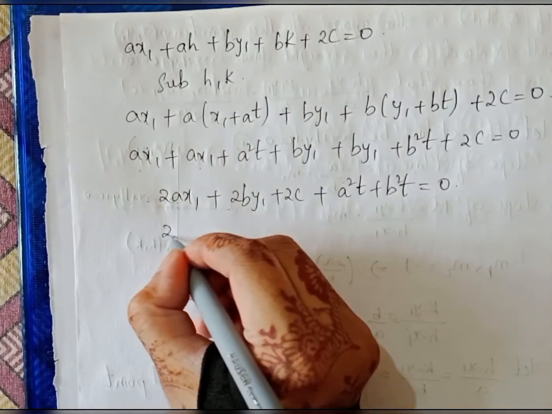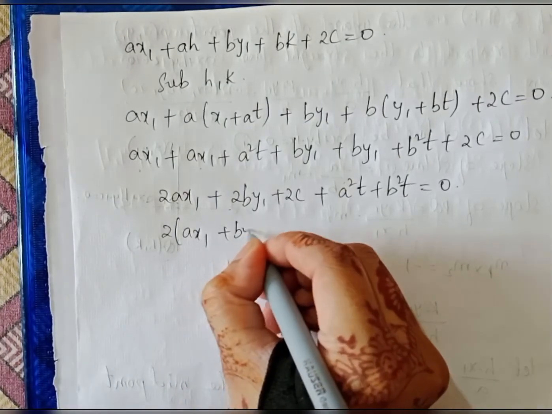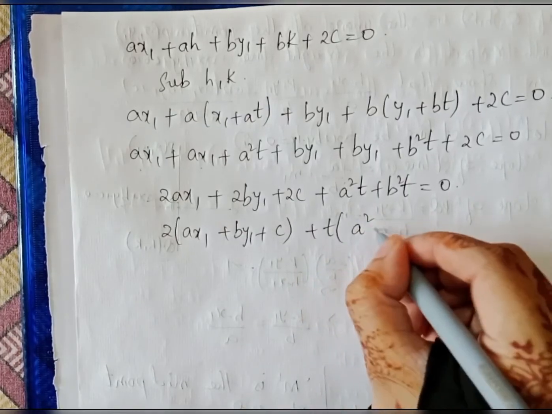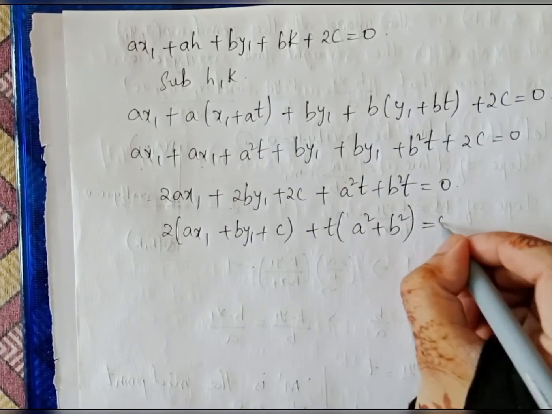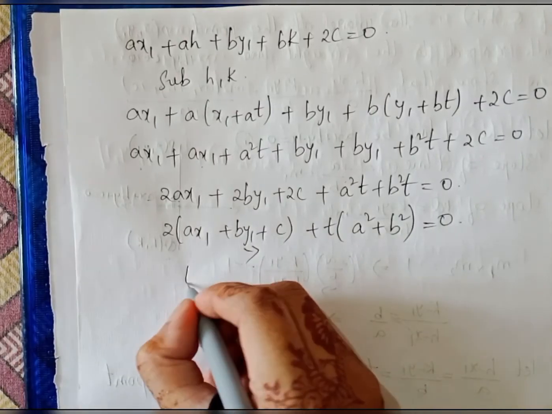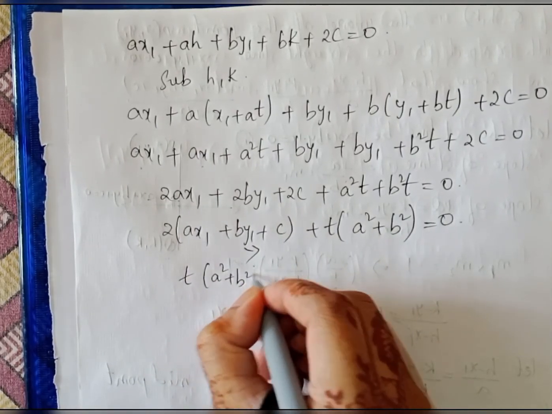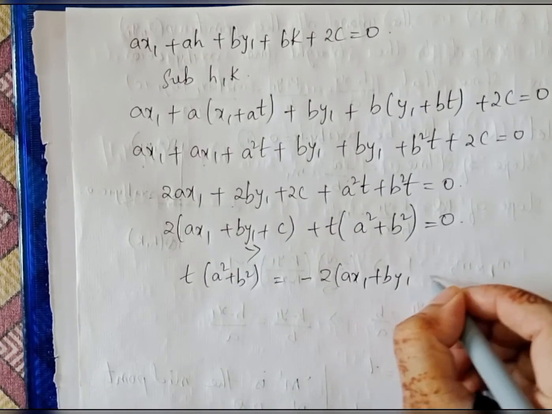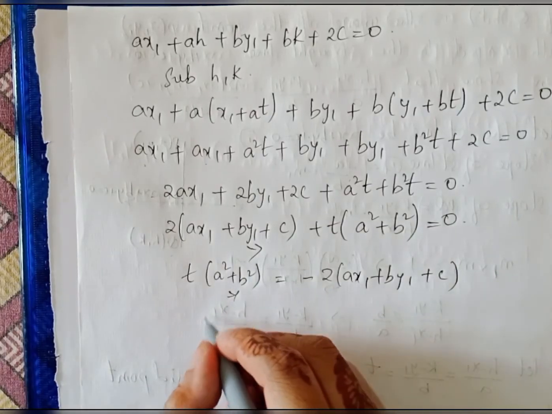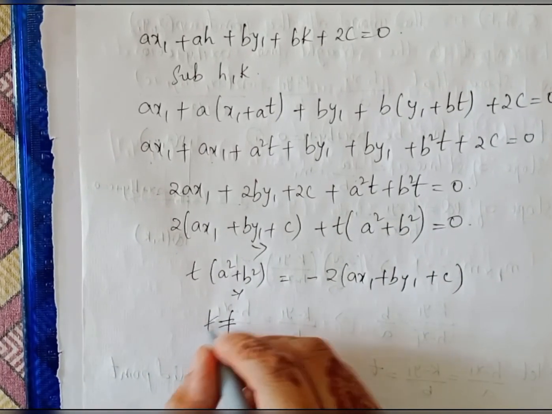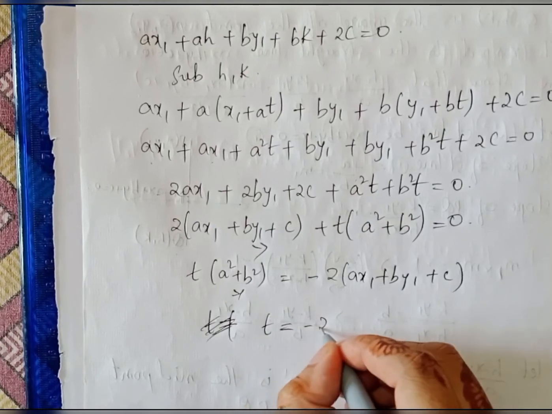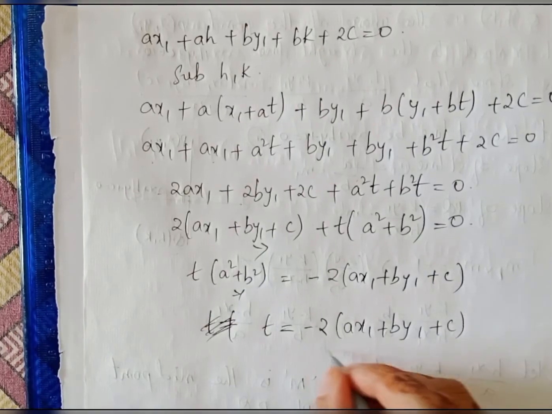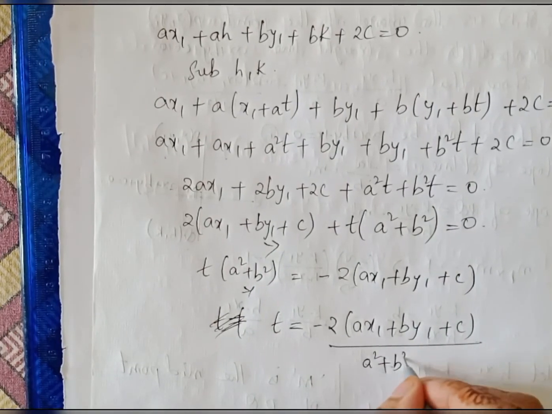Taking 2 common in this term, so it is 2 into (ax1 plus by1 plus c), and taking t common here, so it is t into (a square plus b square) is equal to 0. Shifting this term to that side, so it is minus 2 into (ax1 plus by1 plus c). Now shifting this a square plus b square term here as divide, t is equal to minus 2 into (ax1 plus by1 plus c) by (a square plus b square).